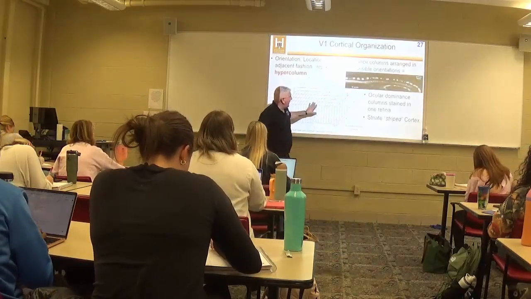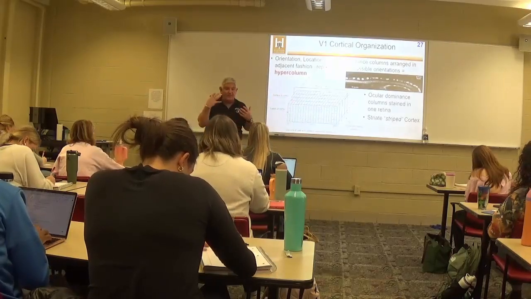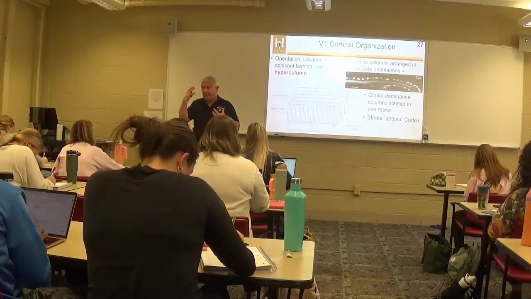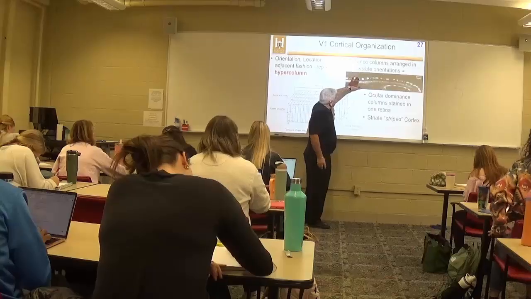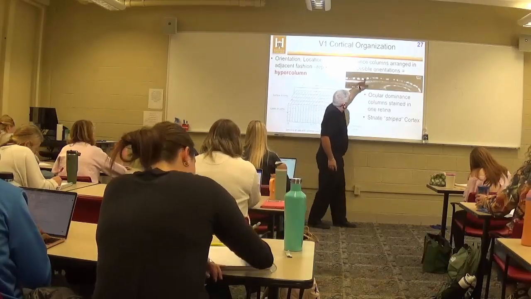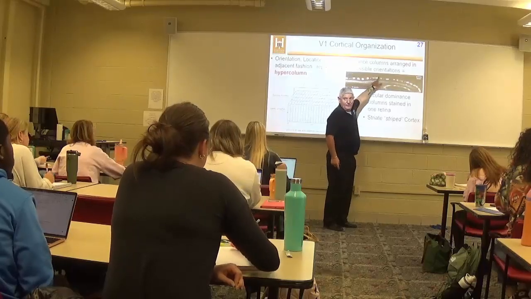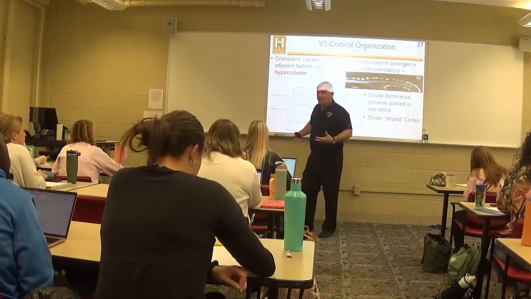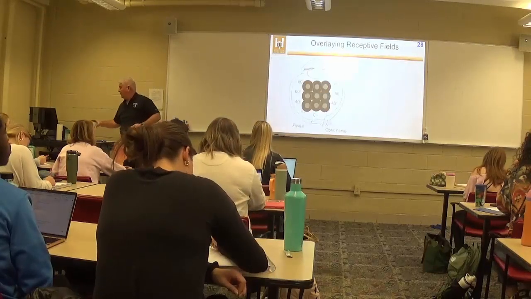And we call this striate cortex because if you were to label the inputs coming from the left eye only, they would show up in these stripes, and in between these stripes are the dominance columns for the other eye. That's why they called it striate cortex back in the day, because it looked like stripes.